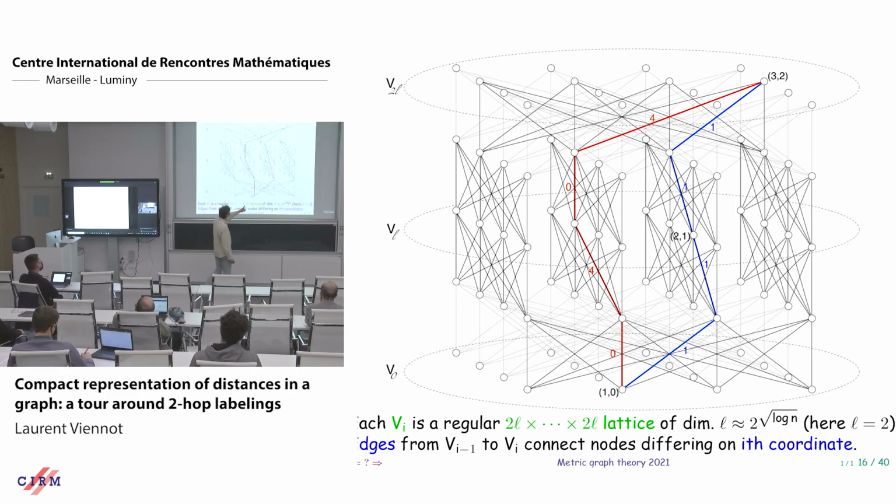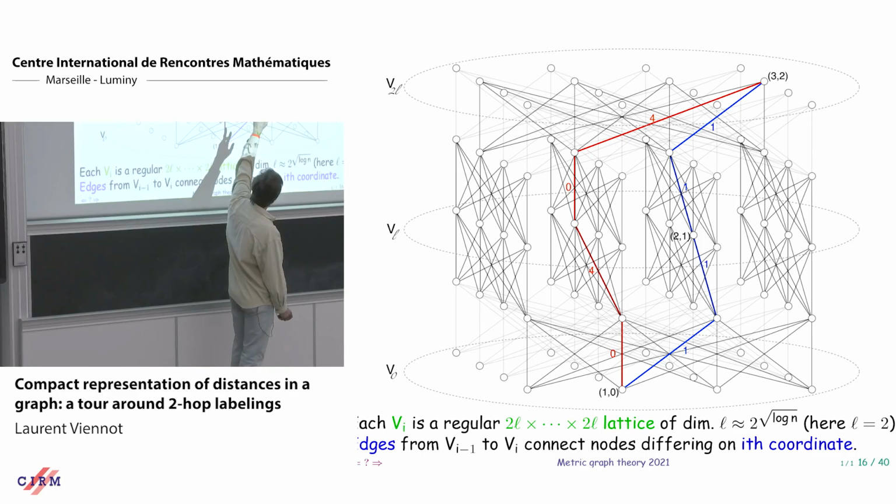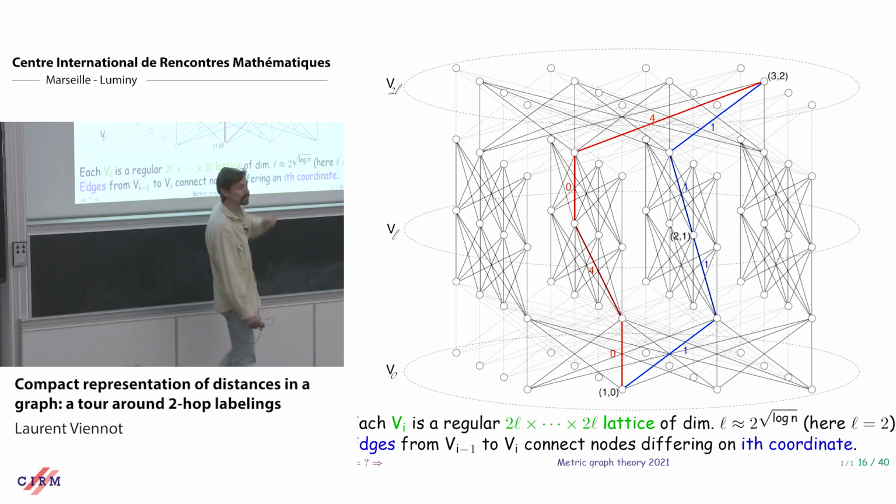The blue has length 4, because each time you move just by 1. You go from (1,0) to (2,0), then to (2,1), then to (3,1), and then to (3,2).